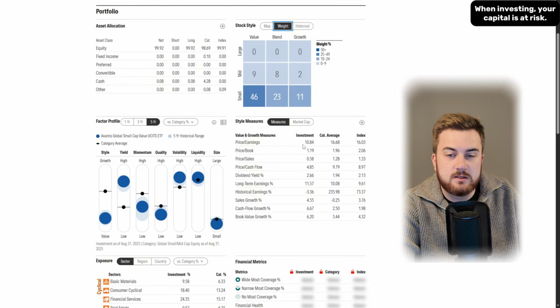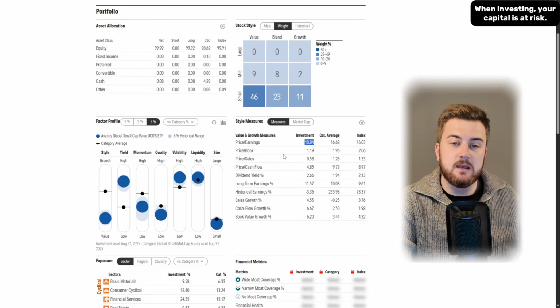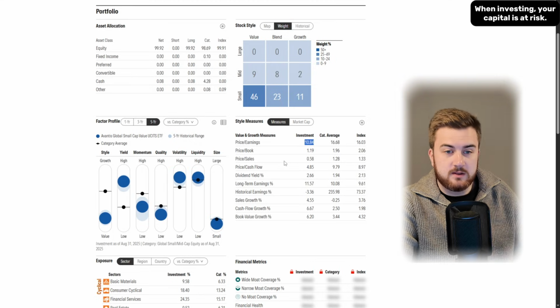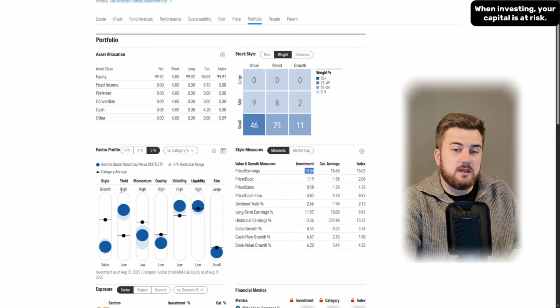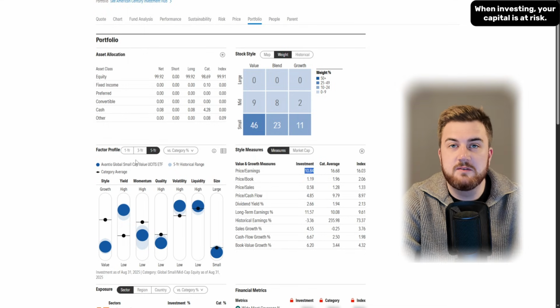So it's price to earnings of 10.84. So it's certainly satisfying that value criteria, low valuation companies. And you can see how it compares to the category average. So it's high on yield, low on momentum, high on volatility, which you would expect for small caps, and it is obviously high on value rather than growth. So I do think this is quite unique compared to other research tools that you have as well. So it's a good one to have as part of your arsenal.